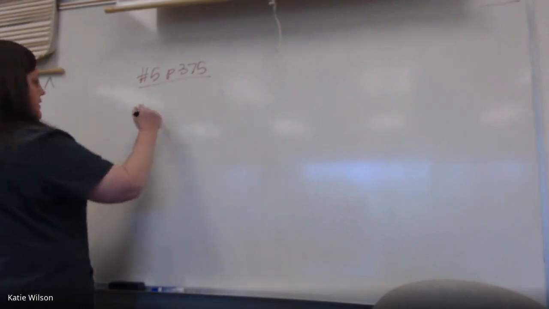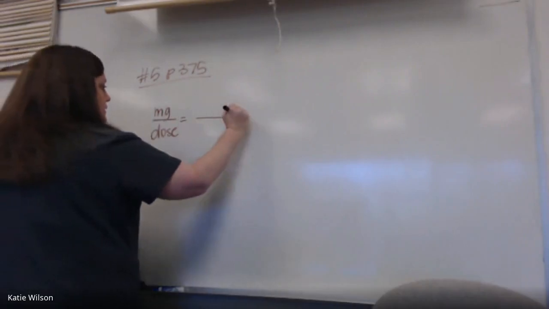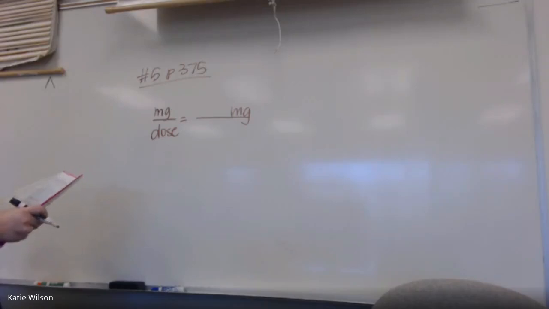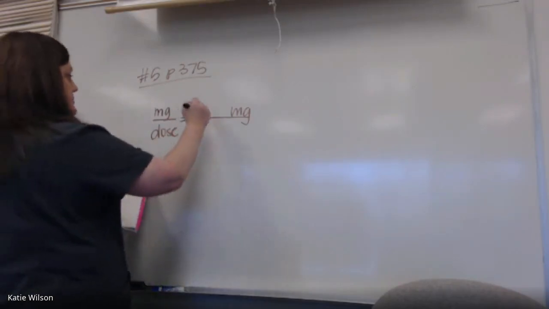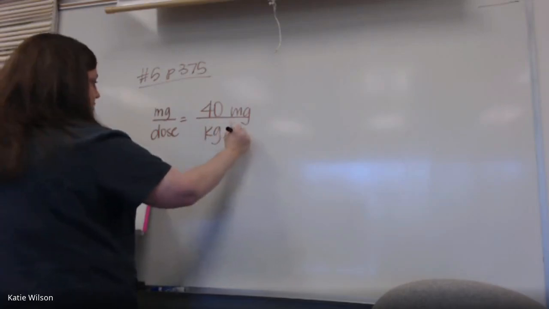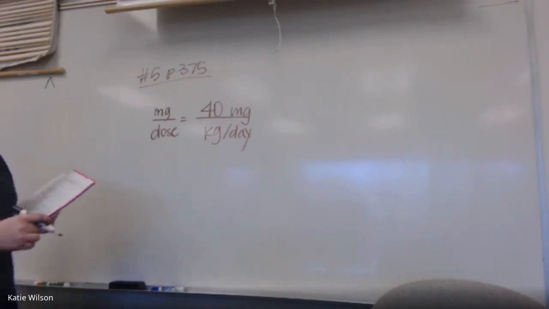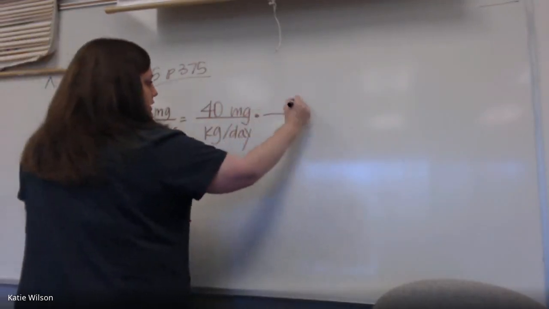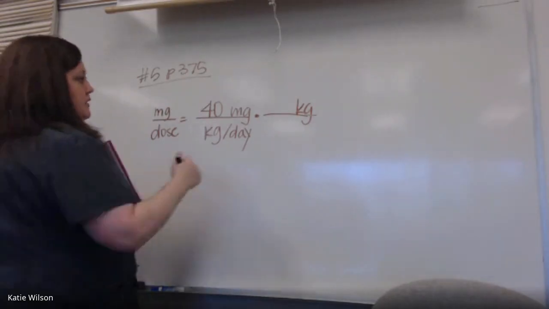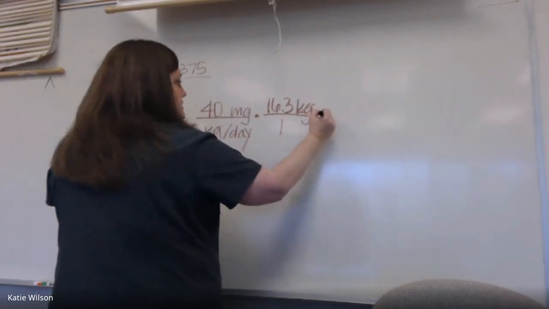Okay, so once again, I'm solving for milligrams per dose. And the order that has been given to us is 40 milligrams per kilogram per day, right? So that's going to be my first ratio. And then to cancel out kilograms, how much does my patient weigh? 16.3, so that got rid of my kilograms.